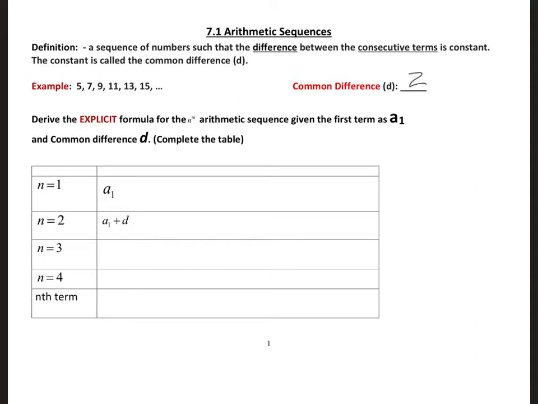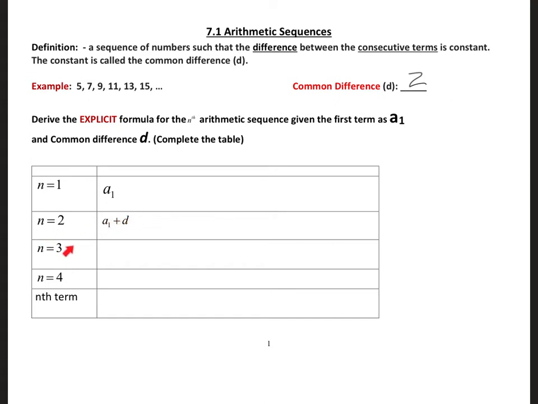And here we are going to derive the formula for the nth term. We call it the explicit formula. If you're given the first term, a subscript 1, when n is 1 you get the first term. When n is 2, the second term is the first term plus the common difference.